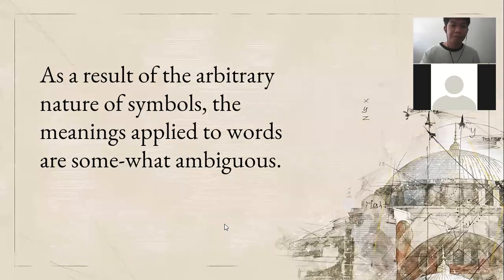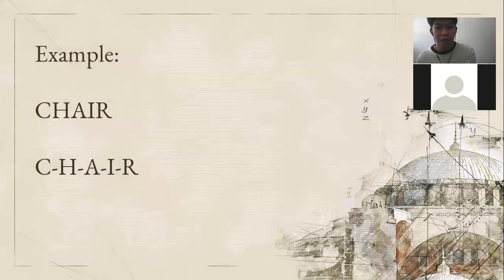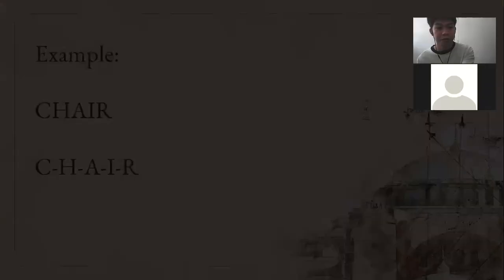As a result of the arbitrary nature of symbols, the meanings applied to words are somewhat ambiguous. Okay, if you're going to dissect the word chair, if you're going to remove even just a letter of this specific word, then it won't represent the word anymore.